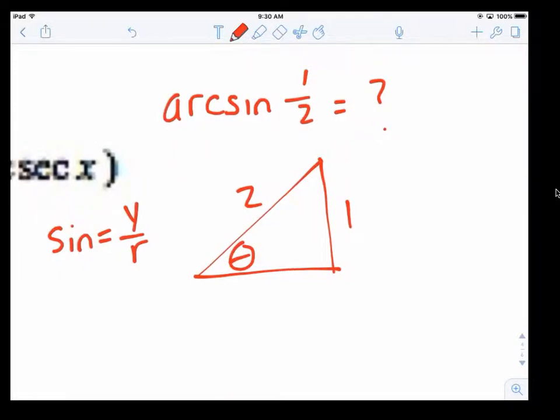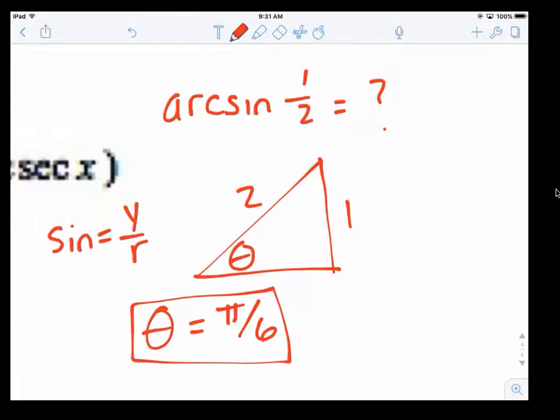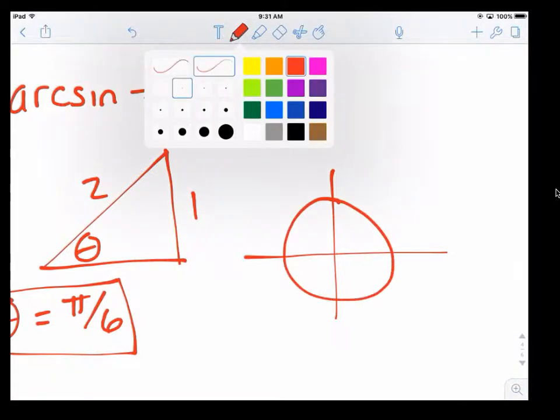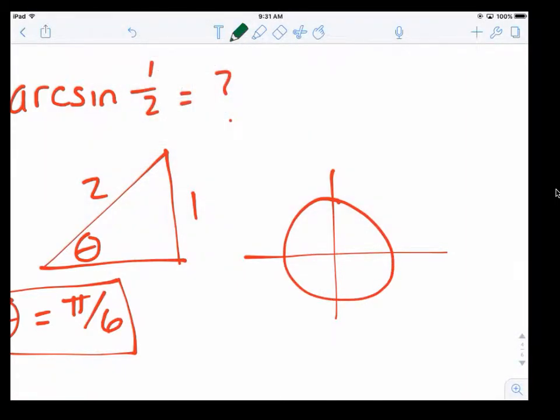So where on the unit circle does sine equal 1/2, or where is your y value 1/2? Pi over 6, right? So that's how you would get it. Again, think of the unit circle, and we're only interested in right here.